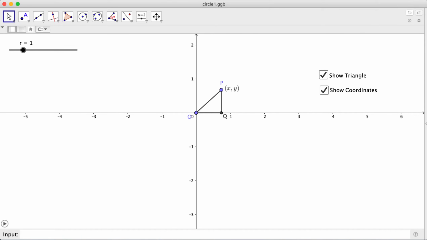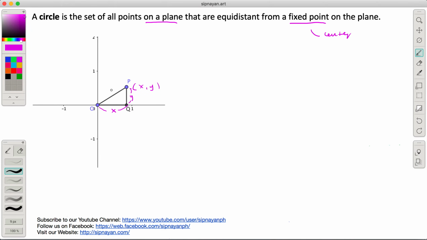By the Pythagorean Theorem, which I think you're very familiar with, a squared plus b squared equals c squared, where c is the hypotenuse. Using x and y, we have x squared, the length of this side, plus y squared, the length of this other side, equals 1 squared.